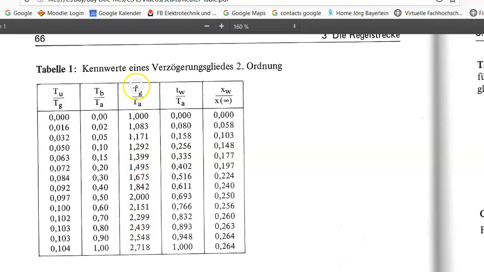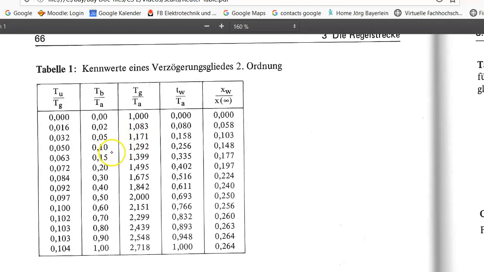And if you know the TB over TA, look into the third column. Here you can find the TG over TA. So measure TU and TG, find the row, then read TB over TA and read TG over TA. With this value, TG is known, you can calculate TA, and with TA you can calculate TB. So this is a manual way, but you see this is uncomfortable, so I have developed a small C# module in WinDF C#.